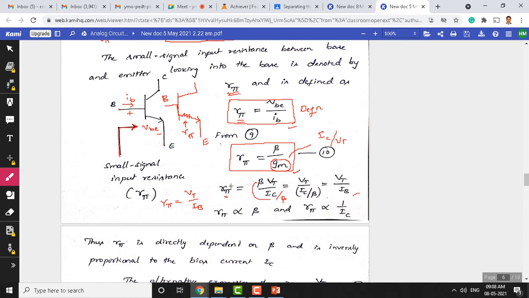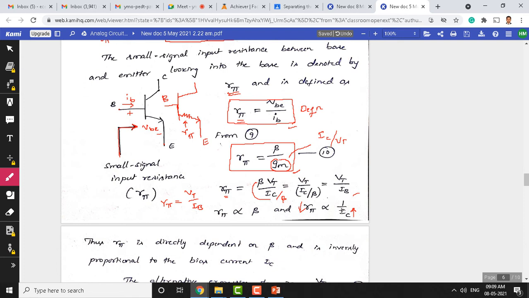So R pi, the small signal input resistance measured between base and emitter, depends on the DC collector current, and it is inversely proportional to the DC collector current. That means any increase in the DC collector current obviously reduces our input resistance, since it is inversely proportional to the DC collector current.